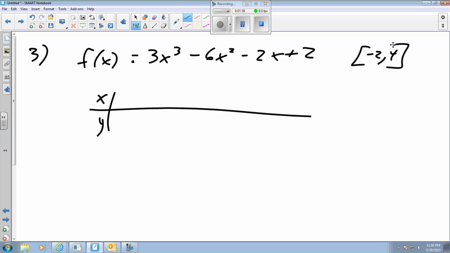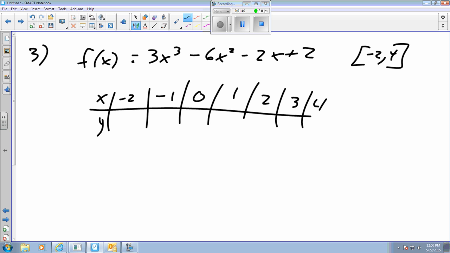So I'm going to find some numbers, negative 2, negative 1, 0, 1, 2, 3, 4. I'm going to find those numbers and see what happens. When I plug in, I've already done this, so I already have negative 42, negative 5, 2, negative 3, negative 2, 23, and 90. Those are the values.